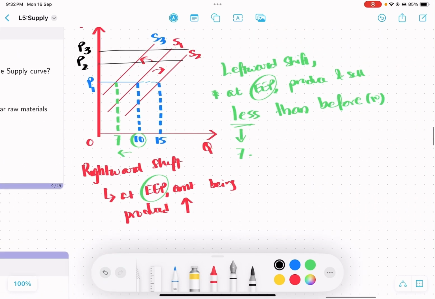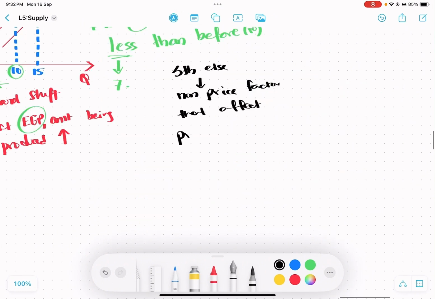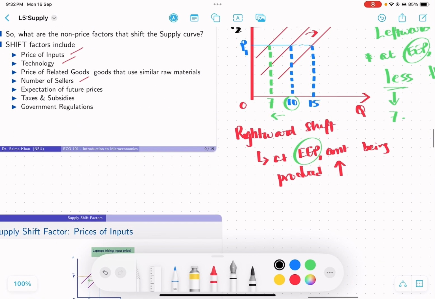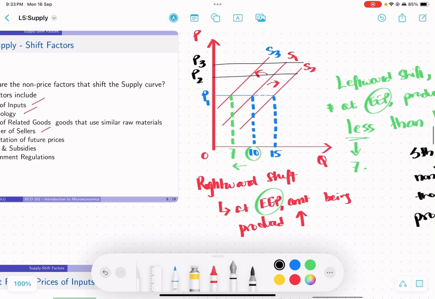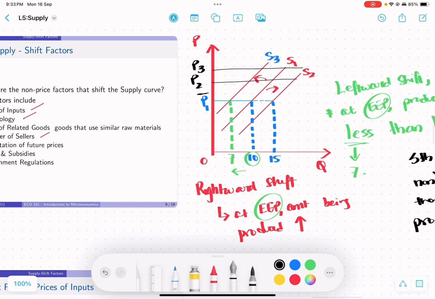Remember, in this whole discussion, it is a non-price factor that affects production. The price of the good remains unchanged. We were only talking about what happens at P1: before they were producing 10, later they're producing 15. But remember that we kept the price constant in our discussion.